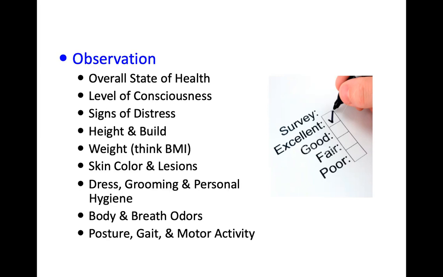And then posture, gait, and motor activity are also important, particularly if you're suspecting some kind of neurologic problem or they've had a stroke in the past. You want to make sure you're looking at their gait, their posture, their balance. Okay. So observation is a very, very useful tool.